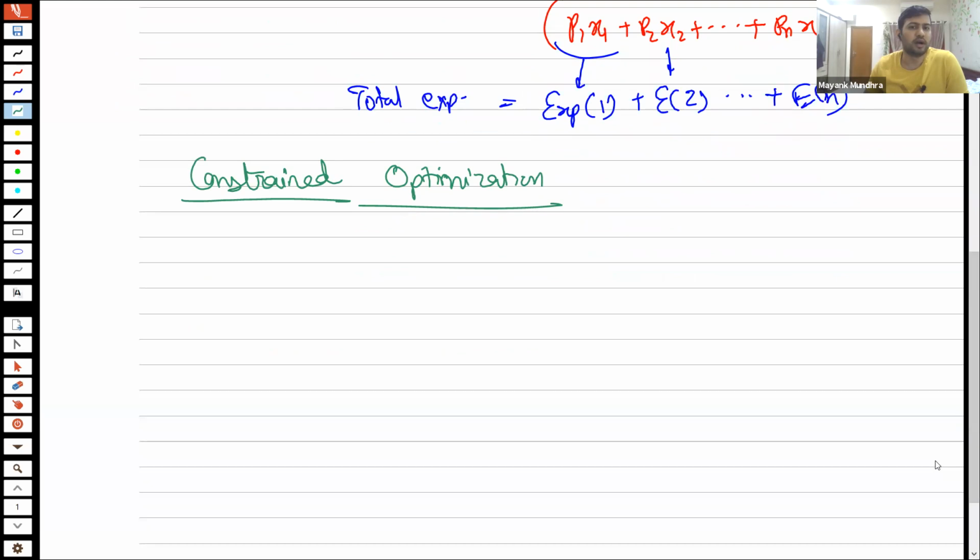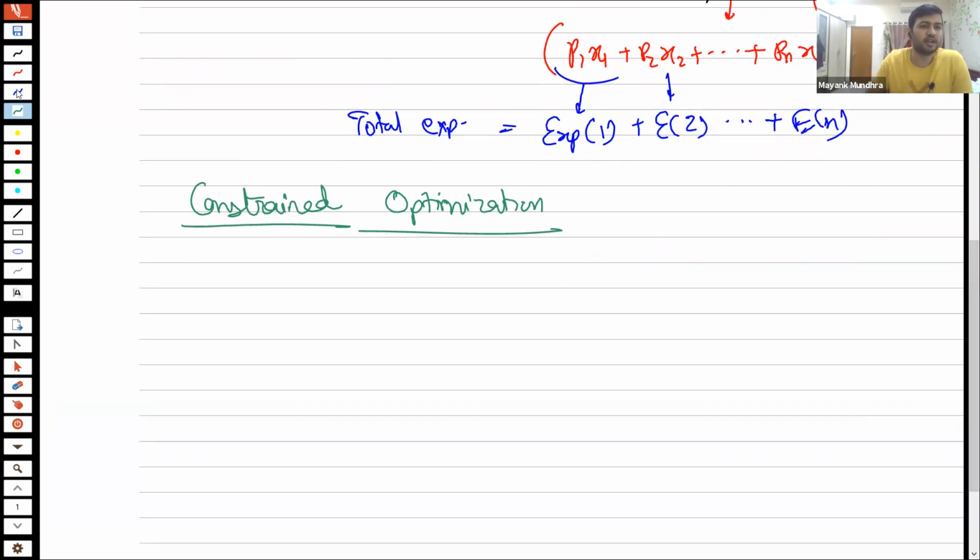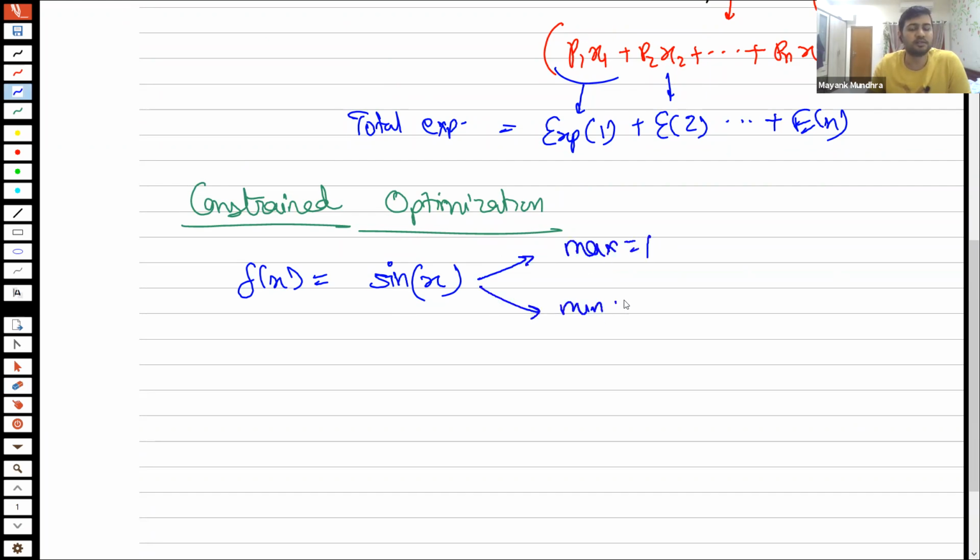Unconstrained optimization is just, I give you a function f of x equals sine x, and I ask you to maximize this. You know that sine x is maximum at 1, so you pick some value of x so that this thing becomes a maximum. Its max is equal to 1, min is equal to minus 1. But let's say I give you a function f of x equals x cube and ask you to maximize this.